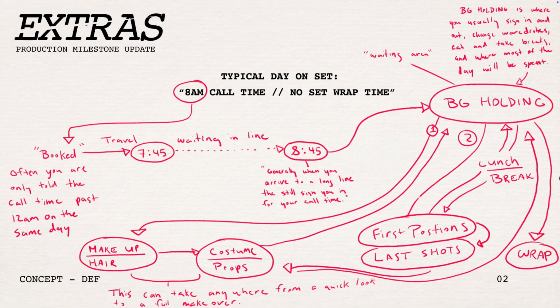But generally, a lot of time is spent in holding or just waiting for something to happen, or waiting in lines to be processed. There's a lot of just administration or waiting time. But this is just what I drew before I was able to get onto an actual set to complete a user journey map.